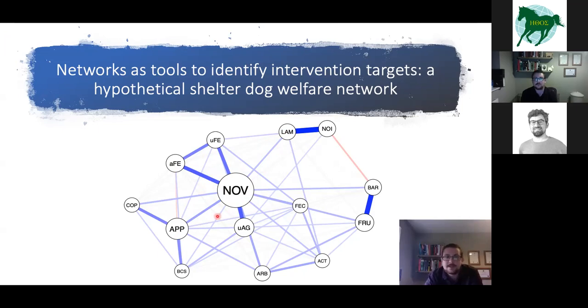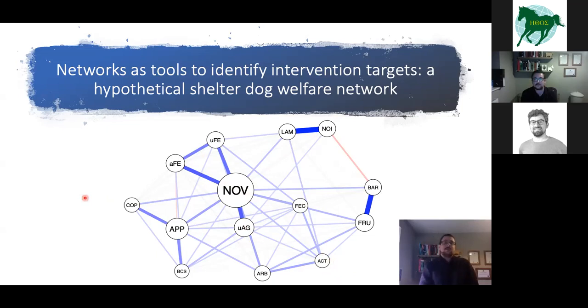So we can clearly see that this novelty node is much larger than all the others, which would imply it's potentially the most influential. You can see that it's got lots of connections to pretty much every other measure, and a few quite strong connections. Then there are other variables like this kennel activity node, which has a few connections, but they're generally weaker, and it's much smaller here. So there's potentially a big difference in this measure of influence.